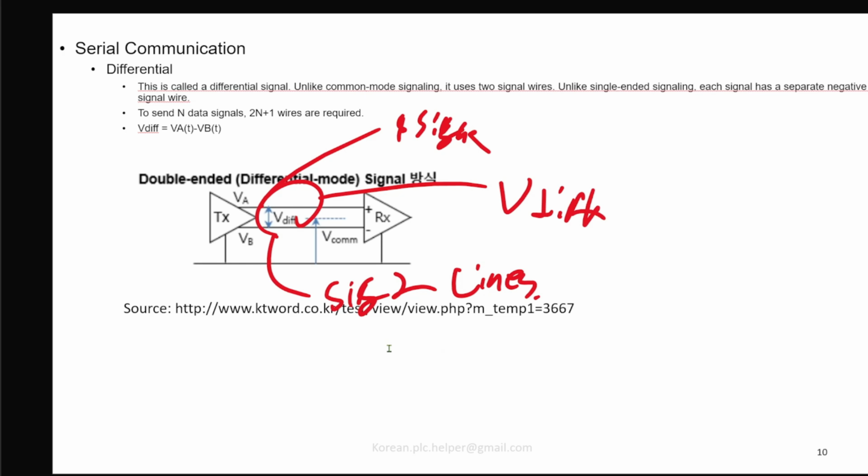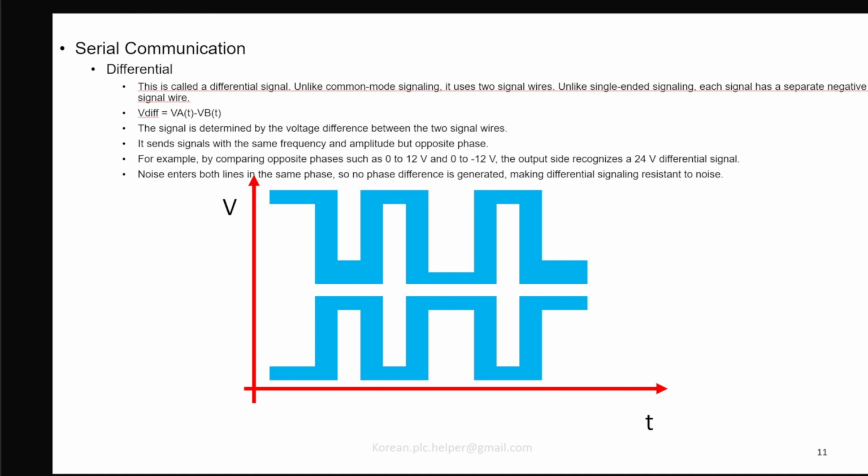Let's look at the waveform. The two signal lines change in opposite directions. For example, suppose one signal line becomes positive 12 volts, while the other becomes negative 12 volts. The receiver calculates the voltage difference between the two signal lines rather than relying on their absolute voltages.